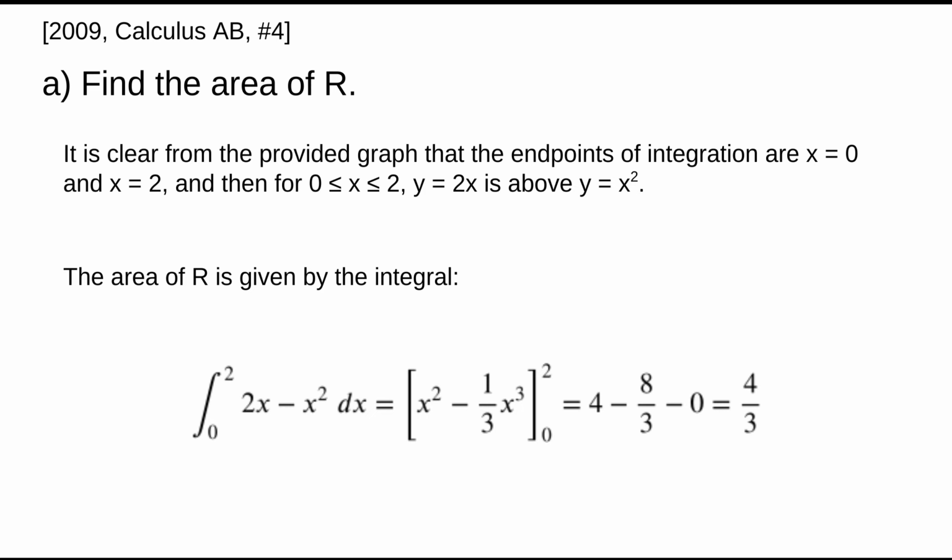So finding the antiderivative of 2x minus x squared, we get 1x squared minus 1/3 of x cubed, and we need to evaluate that at 2 and 0. 2 squared is 4. We get 4 minus 8/3, and if I evaluate that at 0, I just get 0 for both terms. So we get 4 minus 8/3, which is just 4/3. So the area of region R is 4/3.